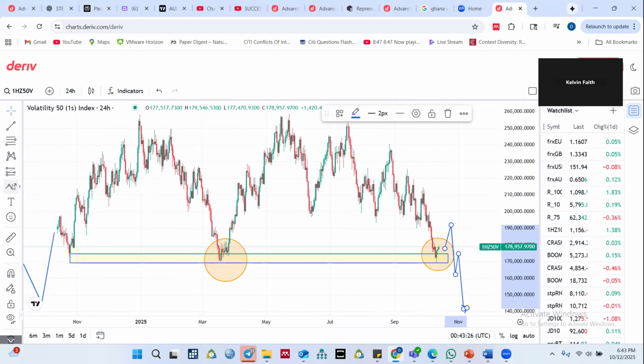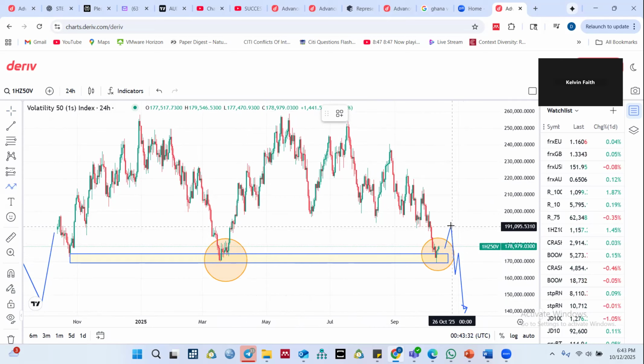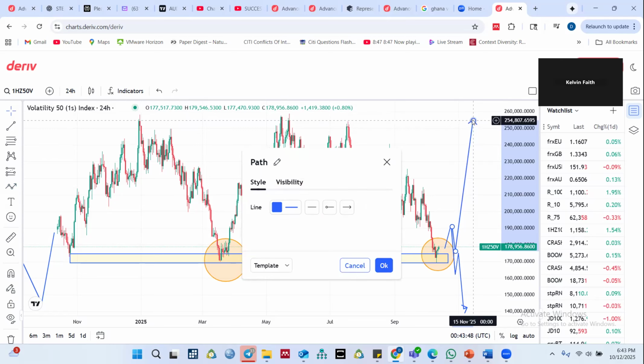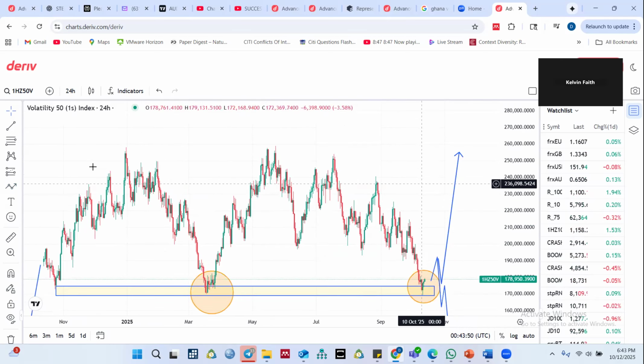Or this support will be respected and price will go up, probably retrace back into the support, and then go up, go up, go up, and do something like this.